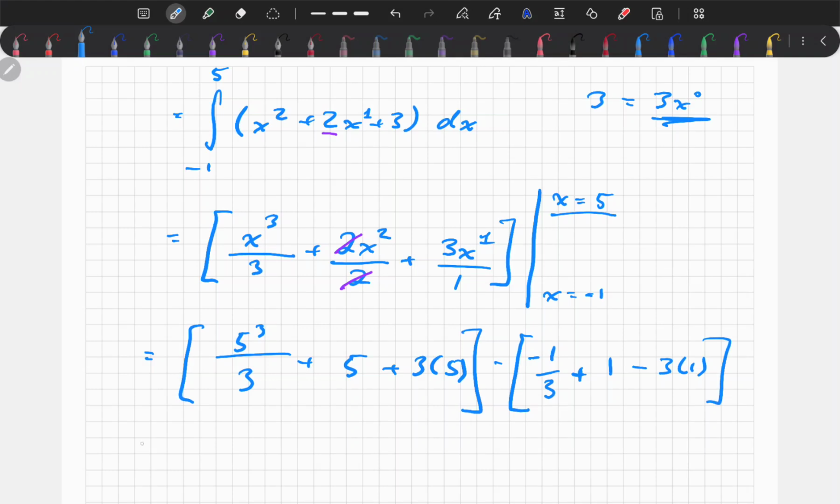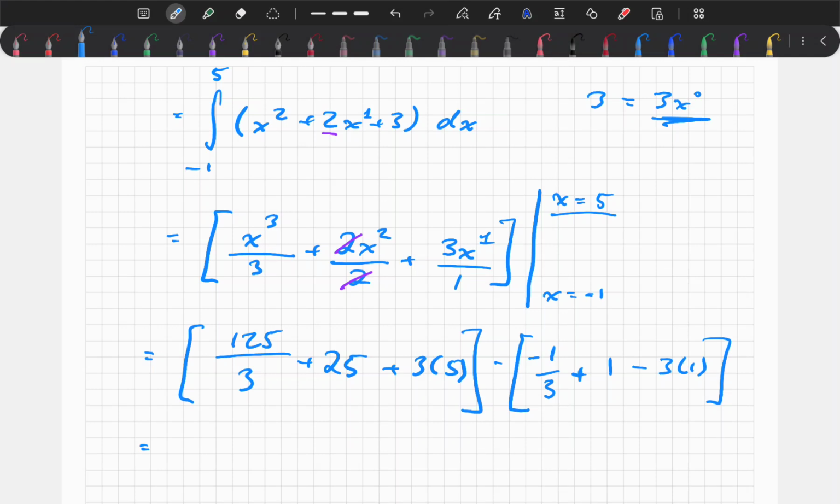So let's evaluate within our brackets first. So we have 5 cubed over 3. That will give us, actually we're missing a 2 here from our 25 from 5 squared. So this will be 125 divided by 3. And if we notice that 125 cannot be divided by 3 to give an integer.